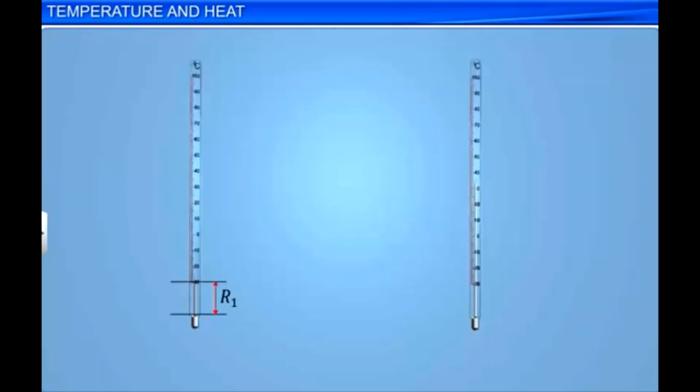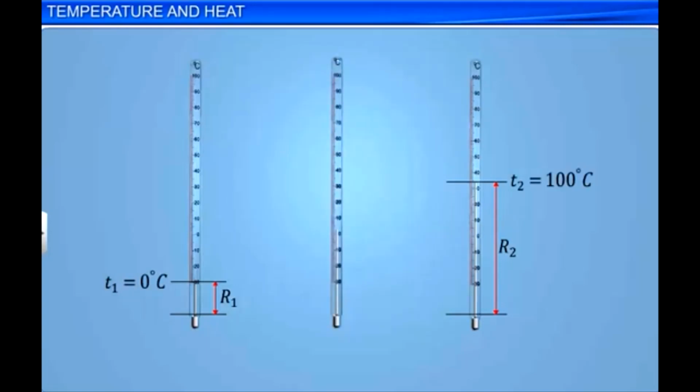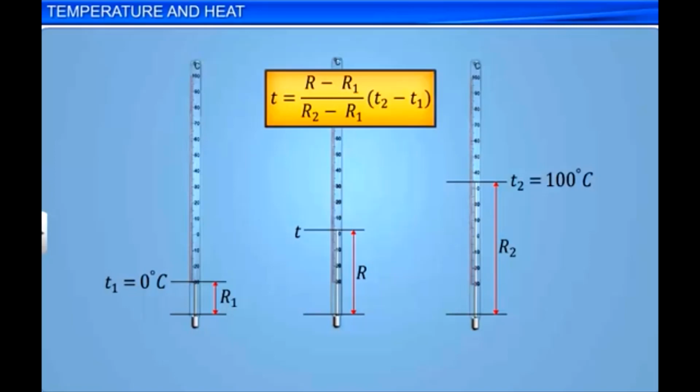If R1 and R2 are the values of the identified property at the two reference temperatures T1 and T2, then the temperature T when the property has a value of R is given by T = (R − R1)/(R2 − R1) × (T2 − T1).